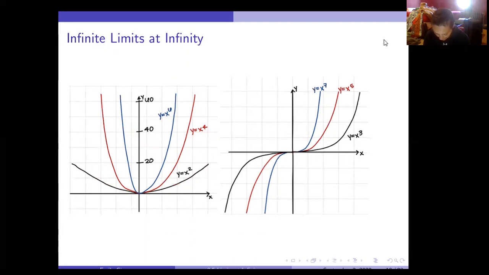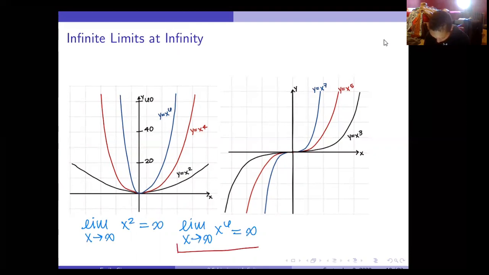So you would say the limit as x approaches infinity of x squared equals infinity, and you would say the limit as x approaches infinity of x to the power of 6 equals infinity, but you would say that this bad boy grows faster.